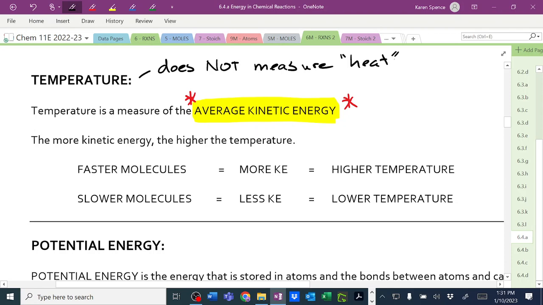Where's my glossary? Oh, here we are. Heat. Heat is the flow of energy from a body at a higher temperature to one at a lower temperature when they are placed in thermal contact.